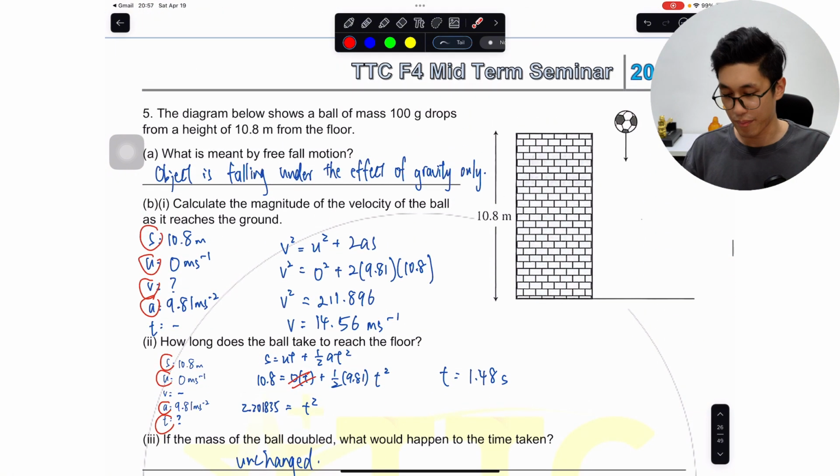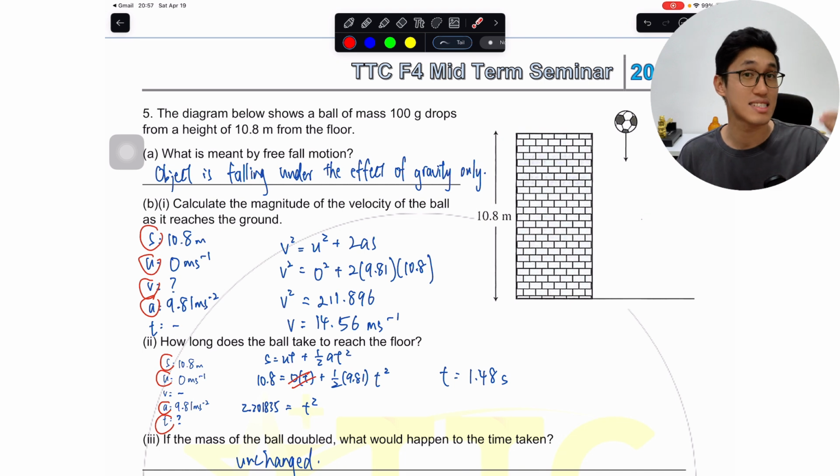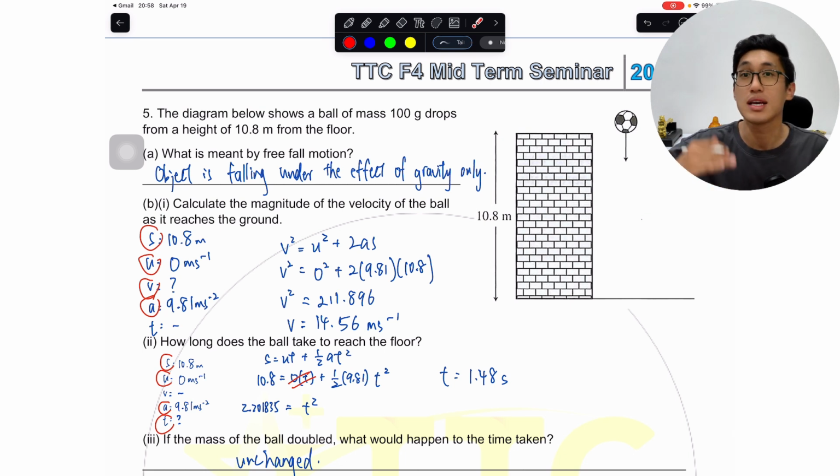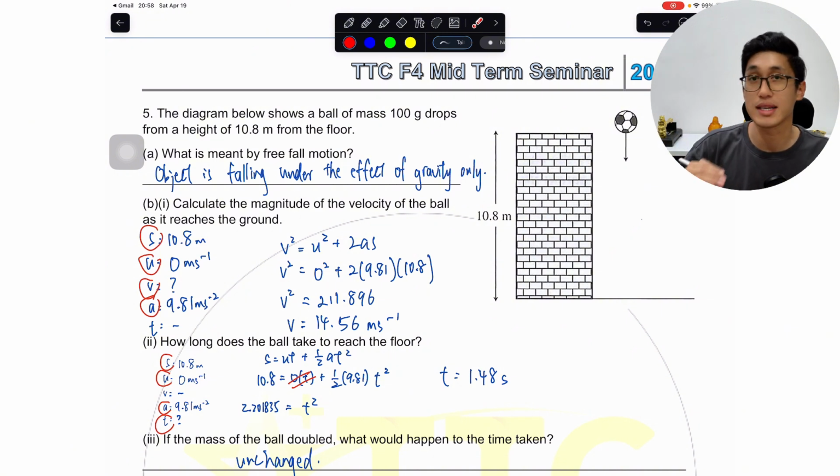Now, for the velocity, I want you to think of it like this. When it falls down, what is happening to it? I told you just now, it accelerates because of gravity, yeah? Gravity causes an acceleration. Now, this acceleration is a fixed number, which means your velocity, your speed, will increase steadily. Your velocity will always increase at 9.81.